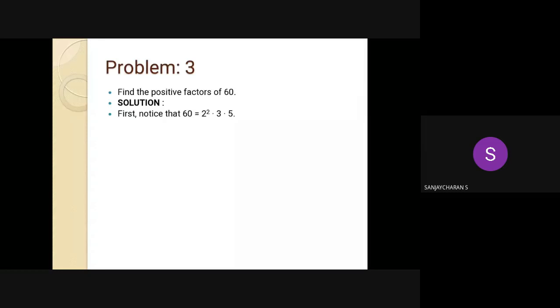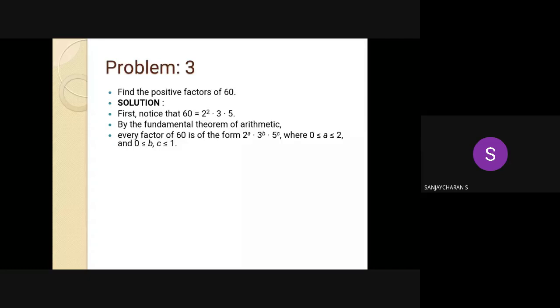So how do you do this? By the fundamental theorem of arithmetic, every factor of 60 is of the form 2 power a into 3 power b into 5 power c, because 60 is factored as 2 power 2, 3 power 1, 5 power 1. The power of 2 is 2, so a varies from 0 to 2.